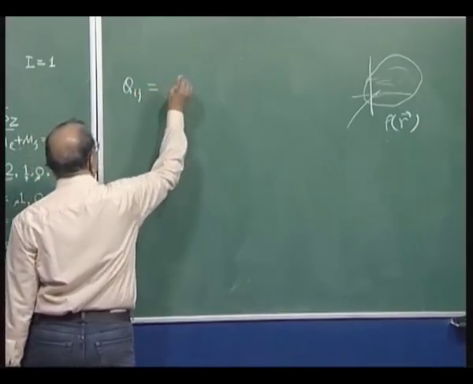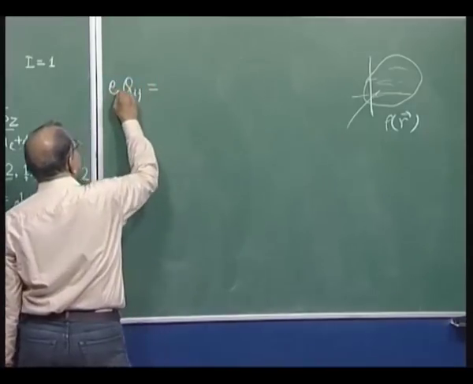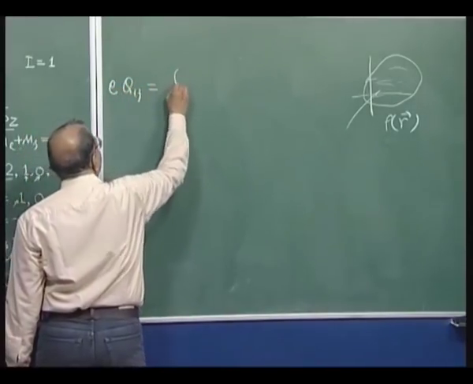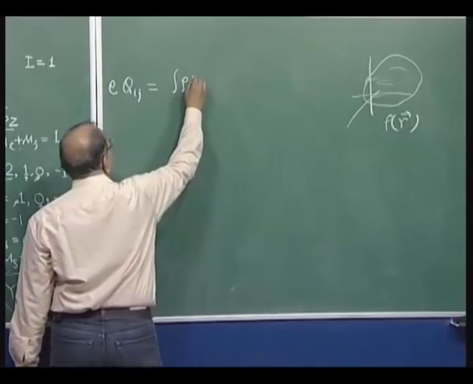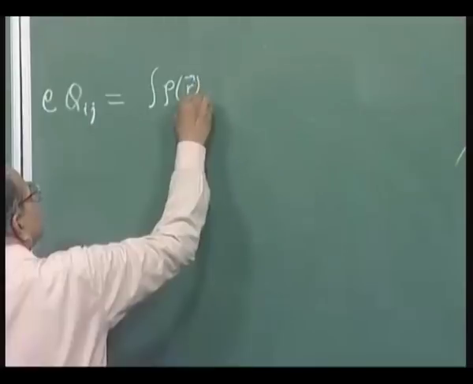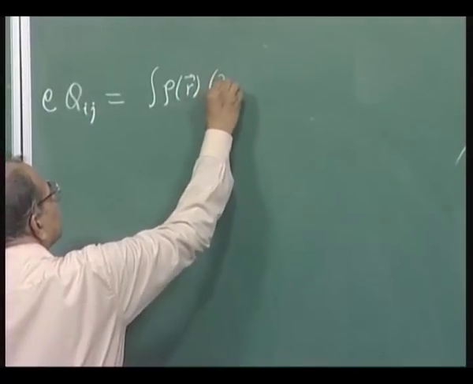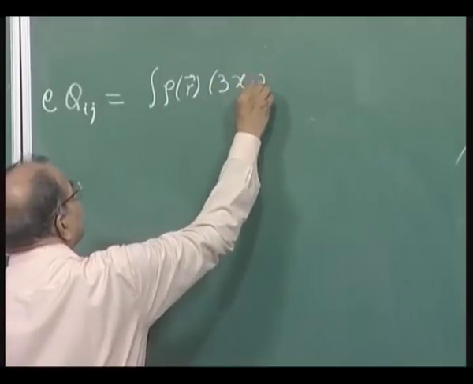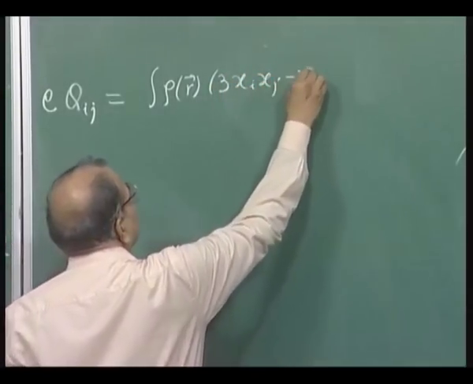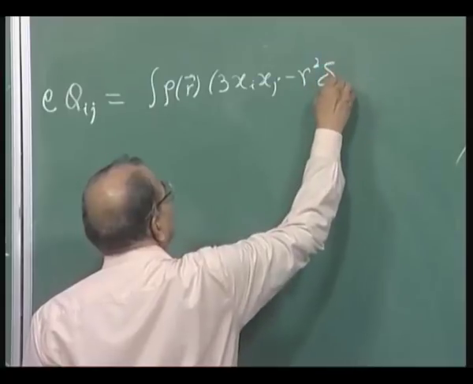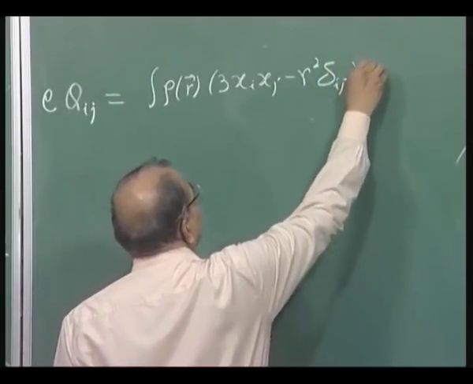I will explain what i j are. E times q i j is the integral of rho, which is a function of r, times 3 x i x j minus r square delta i j, d tau.